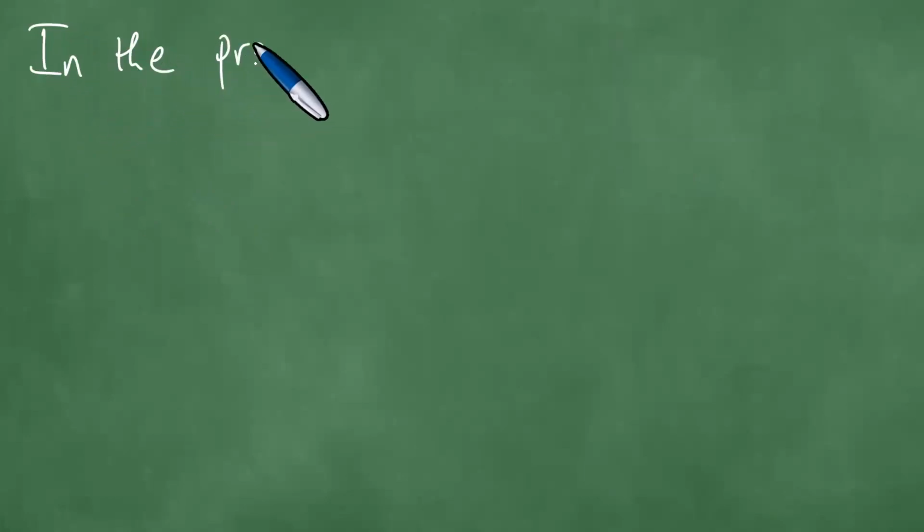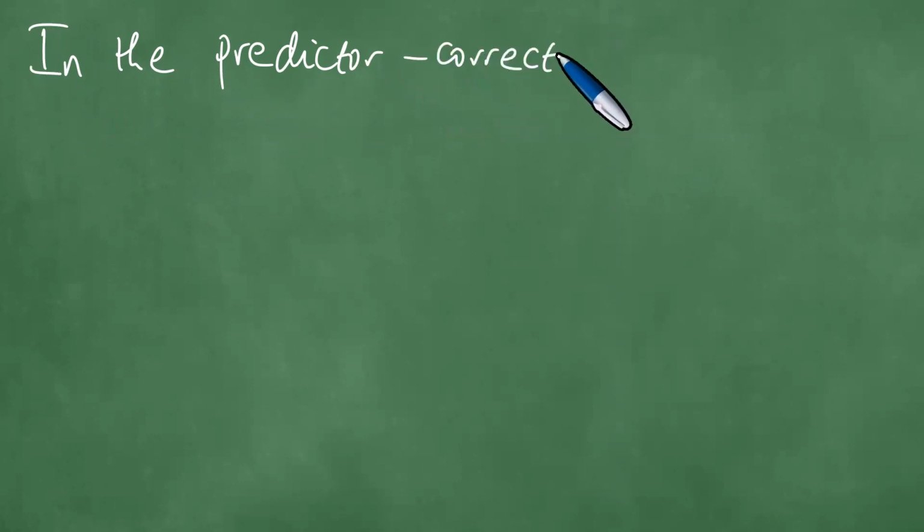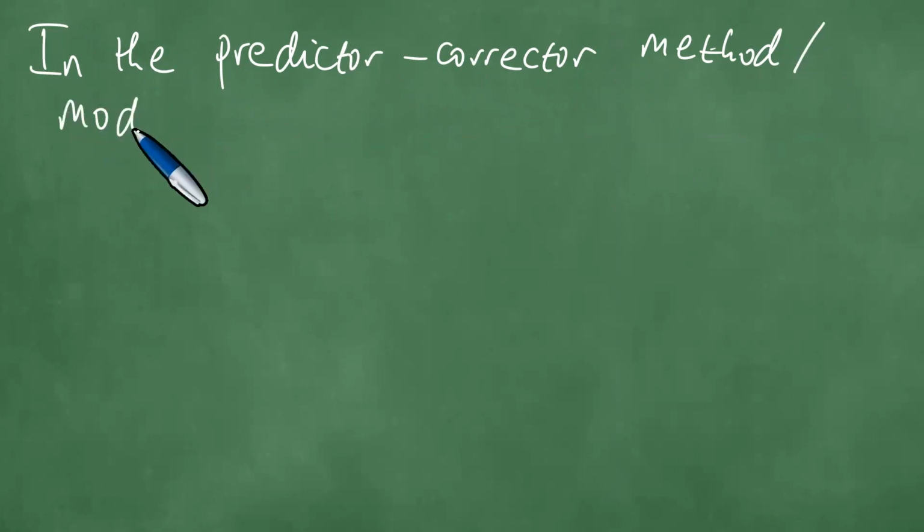In the predictor corrector method, which sometimes we call the modified Euler as well, we use these words interchangeably here.